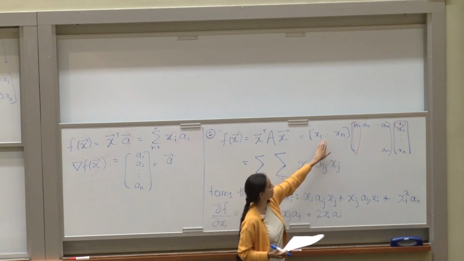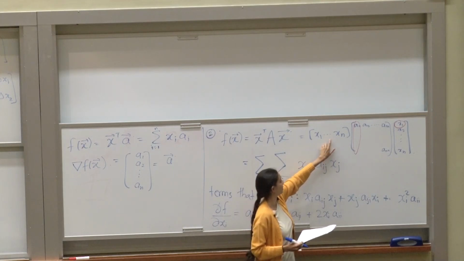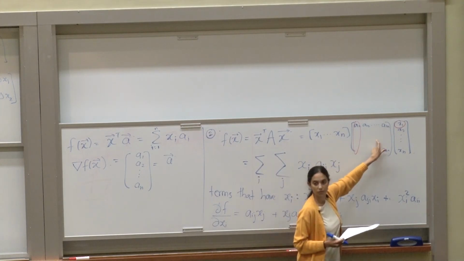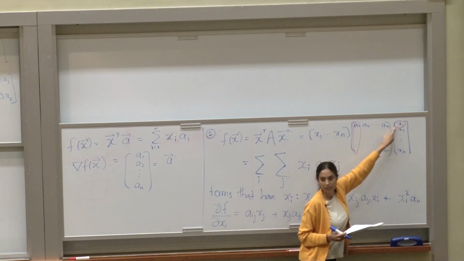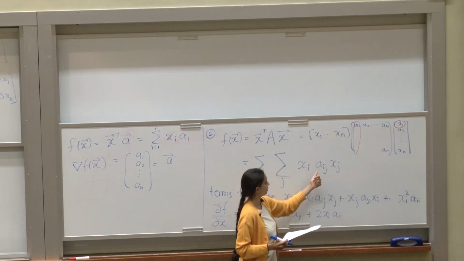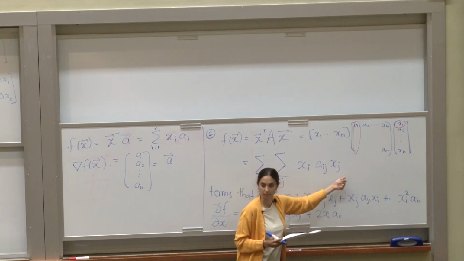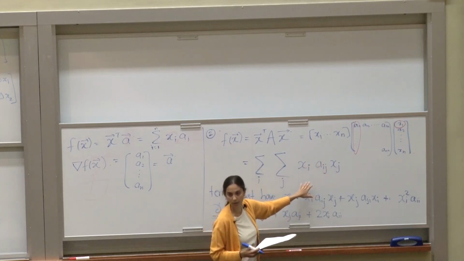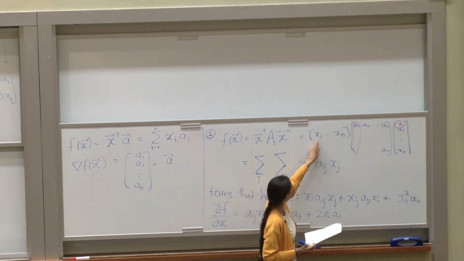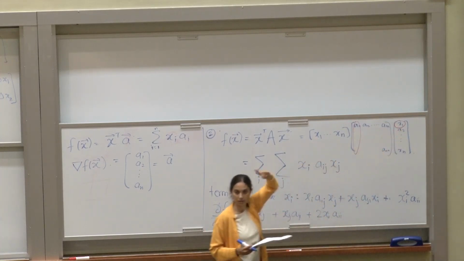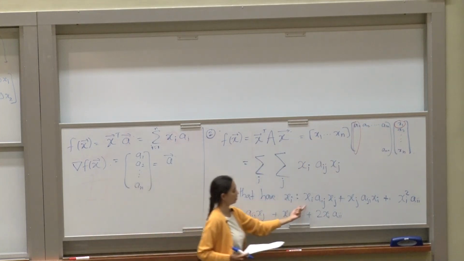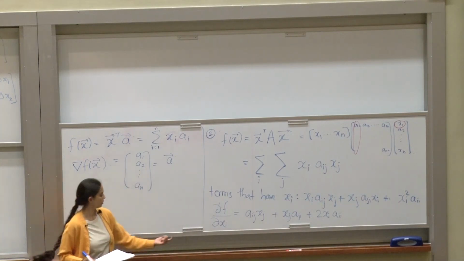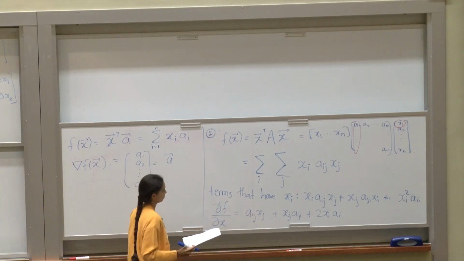Or I could start with an xj, then I'd pick up the jth row, but then I'd pick up the x1 over here. So I would have an xj aj1 x1, or indices might be the other way around, but you get the point. Or I could have basically x1 a11 x1, right? That's why these are the three terms that you would get. So I get this expression, right?